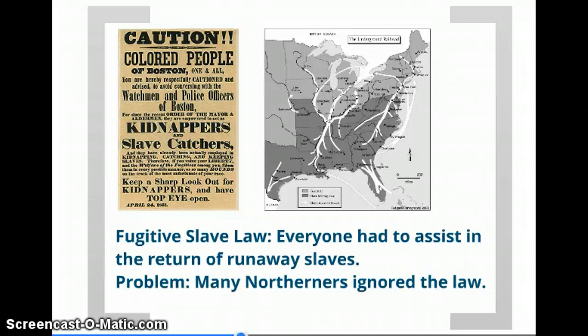Those routes involved many people helping runaways try and make their way to Canada. So many Northerners ignored the fugitive slave law and their responsibilities under the fugitive slave law. This would again cause a significant division between the North and the South.